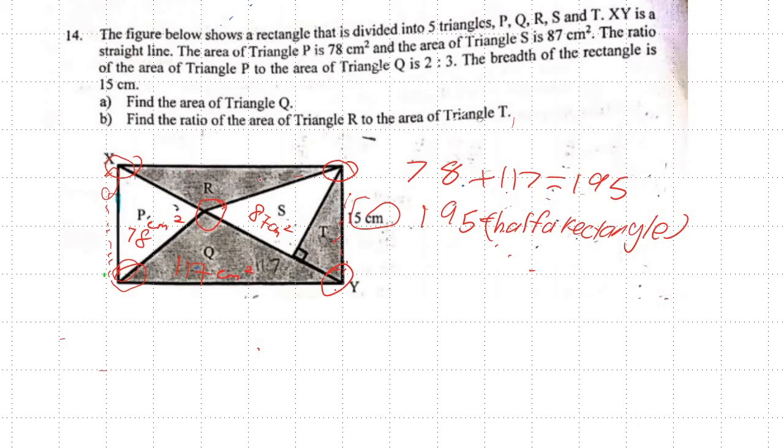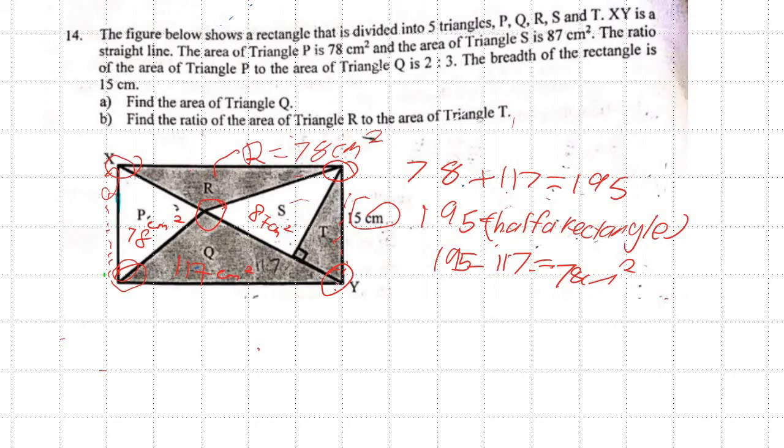So 195 minus 117 equals 78 centimeters square. So we already know that R is equal to 78 centimeters square.